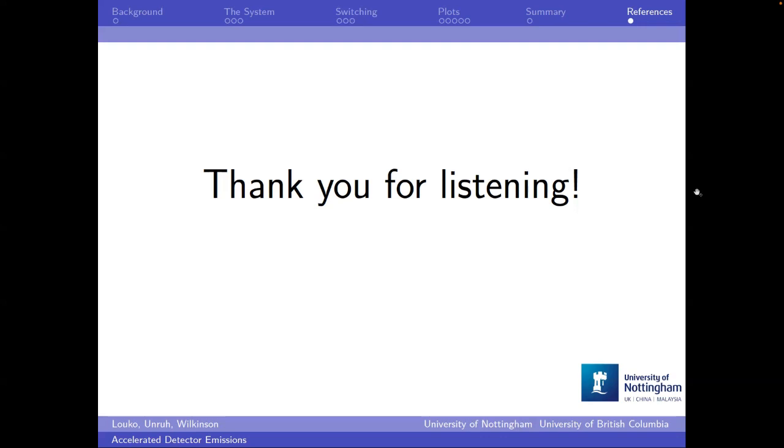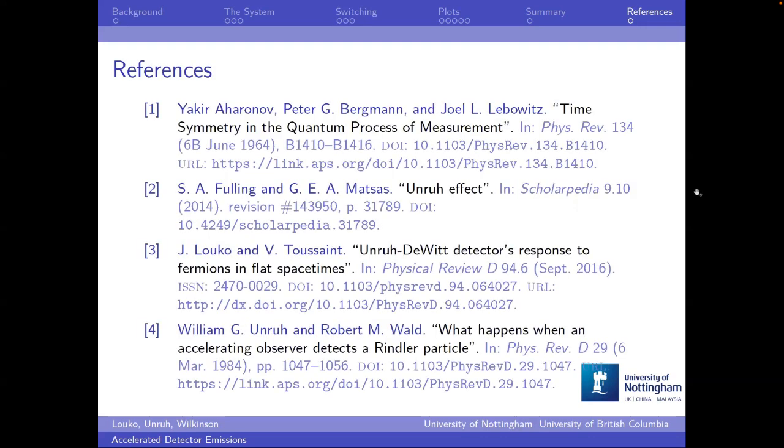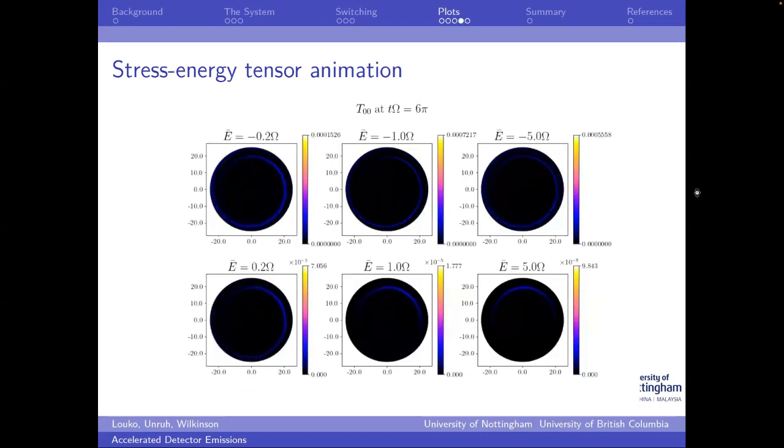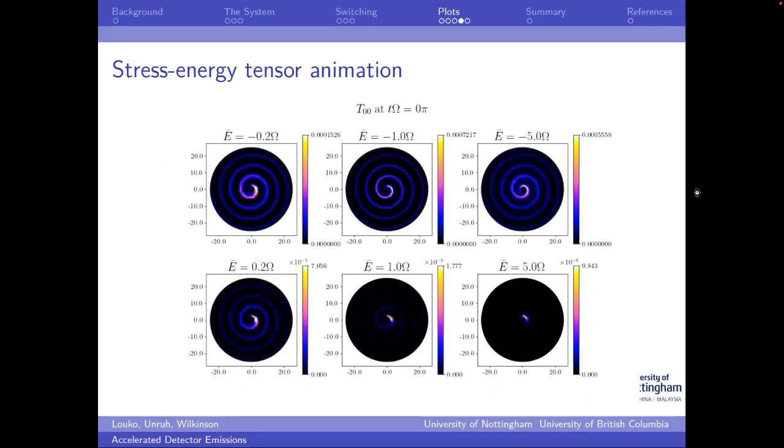So when you plotted the energy density, very nice plots. In the case of positive energy gaps, which means that the detector starts in the ground state effectively, right?